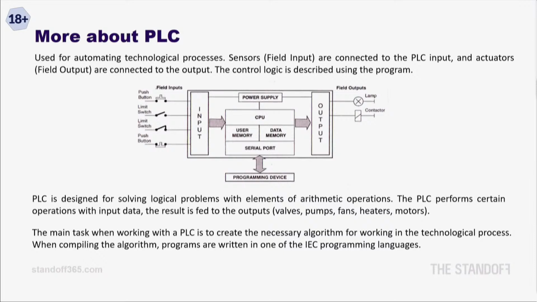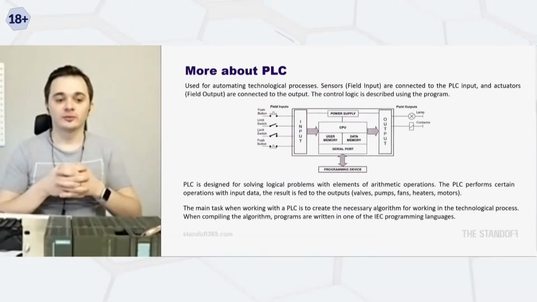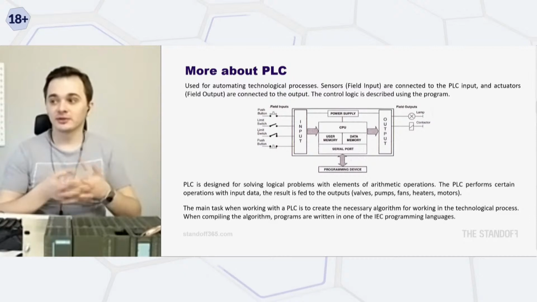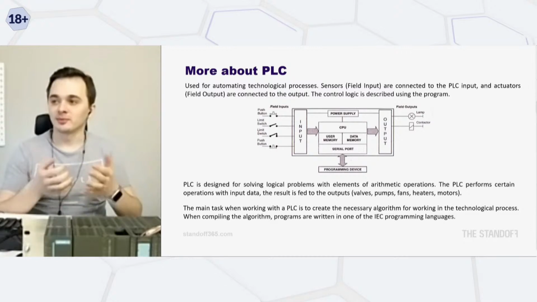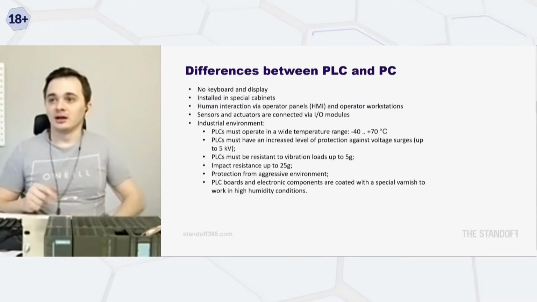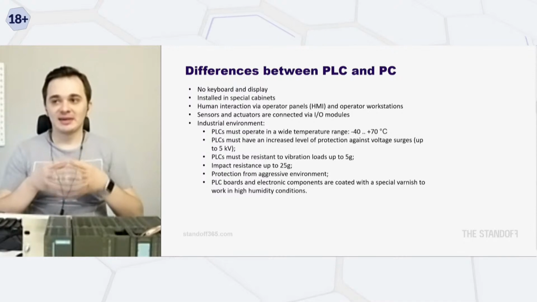A PLC can produce a lot of outputs. For instance, if we take a pneumatic valve or a fan or a motor, all these external devices are receiving outputs from the PLC. And the PLC is programmed using special software. There are development environments as well, and they support different programming languages, including the IEC-approved programming languages.